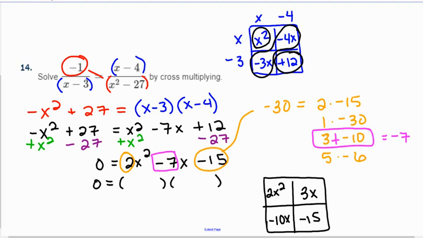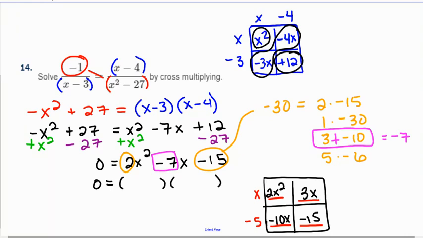Okay, so I notice that 2x squared and 3x, they both have an x in common. Negative 10x and negative 15, they both have a negative 5 in common.